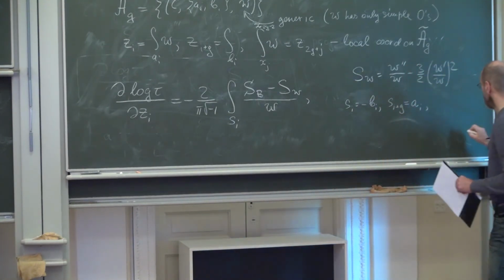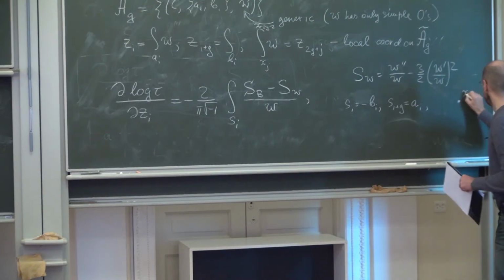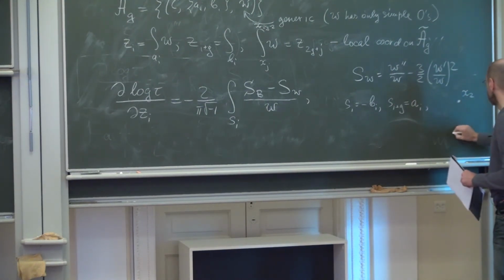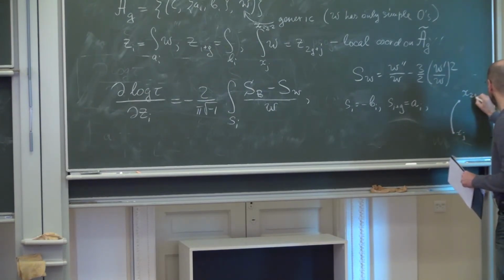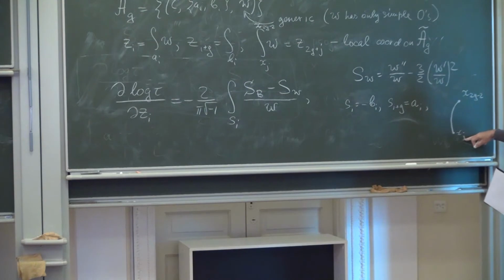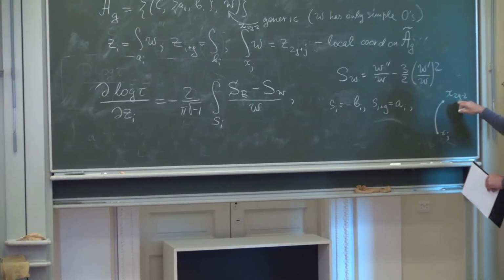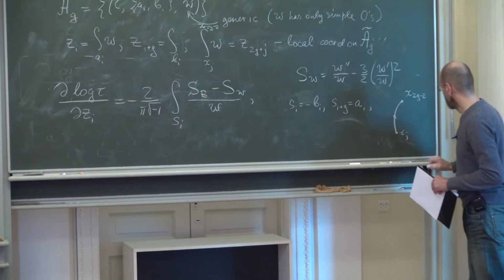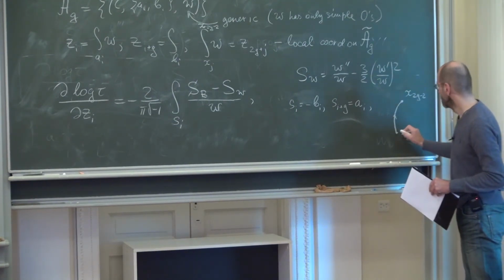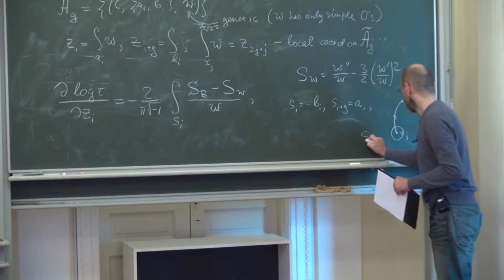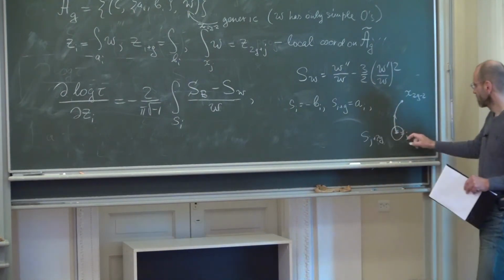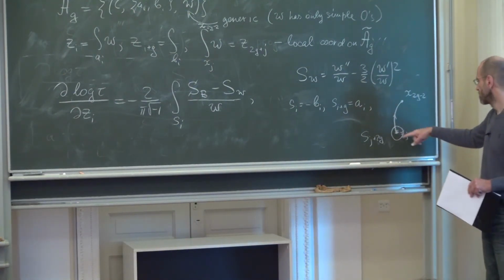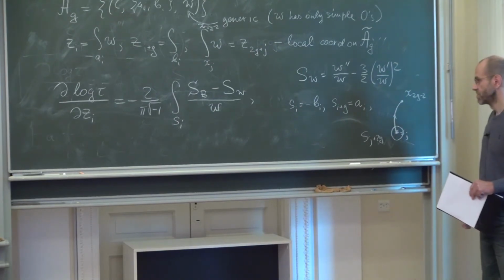And let me recall that there are 2g minus 3 paths from x j to x 2g minus 2, from simple zeros to the last zero, and the s j plus 2g is just a small circle around x j, the jth zero.